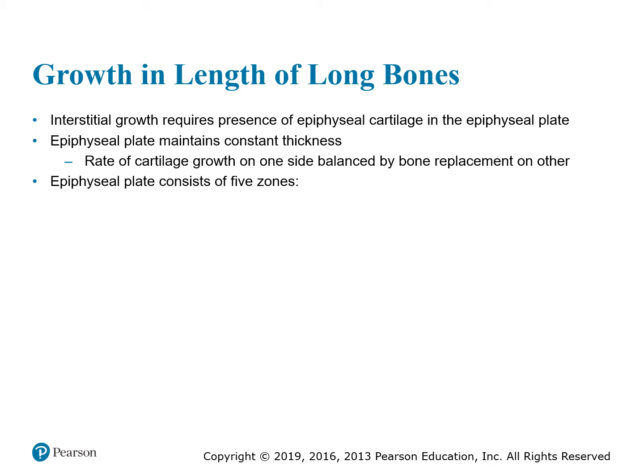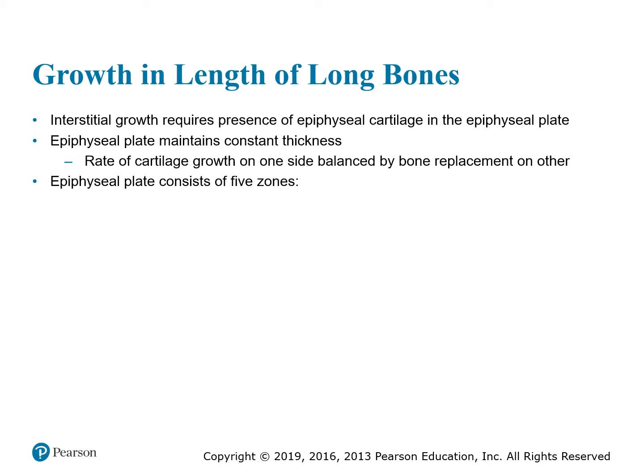Now, once they're formed, how do the long bones actually grow? Well, this is something that's called interstitial growth, and this requires epiphyseal cartilage in the epiphyseal plate. Now, this plate maintains a constant thickness, and so the way that this plate maintains constant thickness is that on the outer edge, or the growing edge, I should say the leading edge of the epiphyseal plate, you've got cartilage growth.